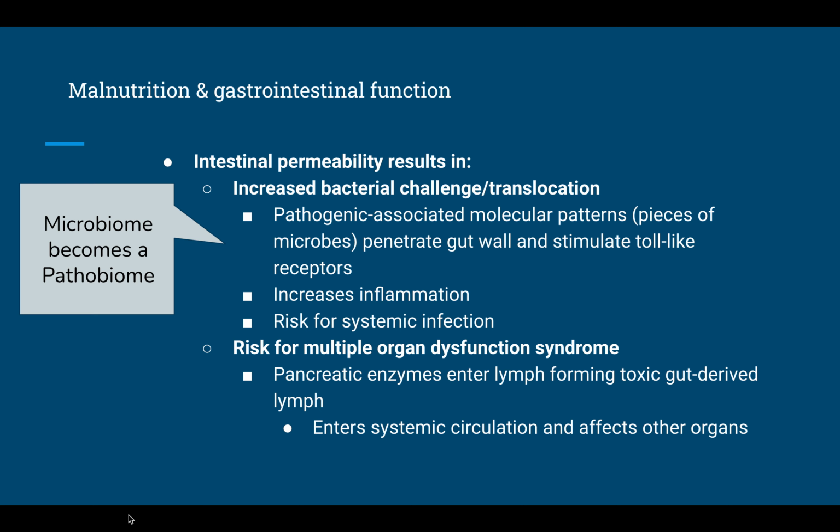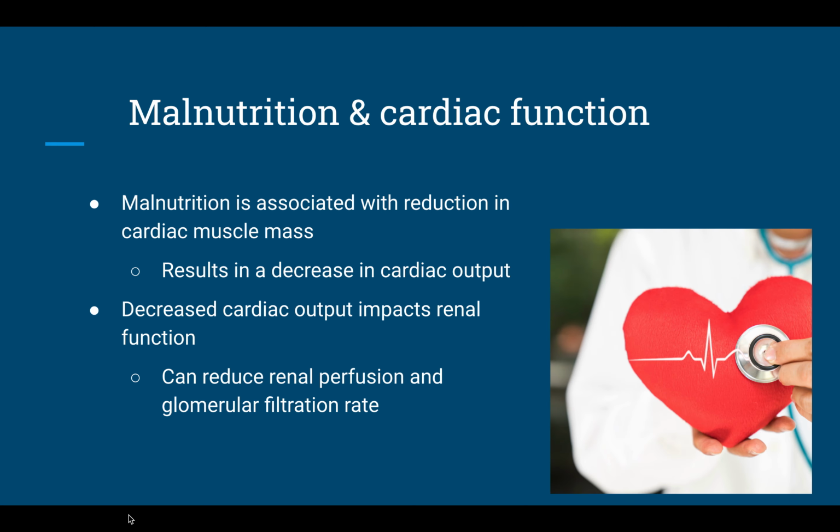There's also risk for multiple organ dysfunction. Pancreatic enzymes enter lymph, forming toxic gut-derived lymphs, and this could affect many other organs. So that's exactly what you don't want, and that's something that already happens to ICU patients. So the more that we can do to prevent and really provide nutrition is a very, very easy thing to do for most patients.